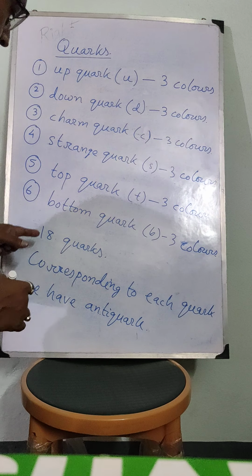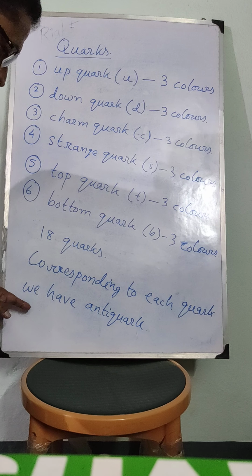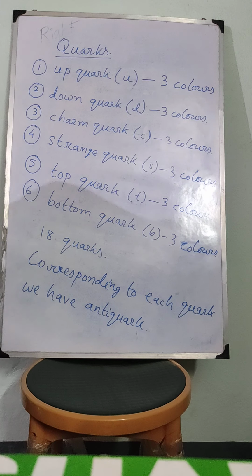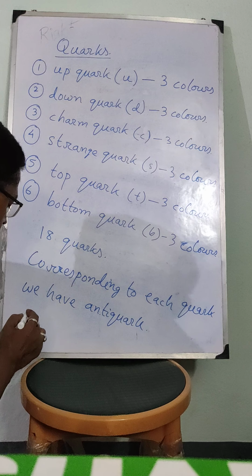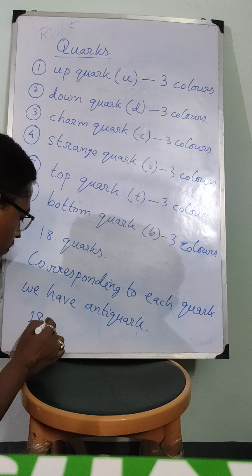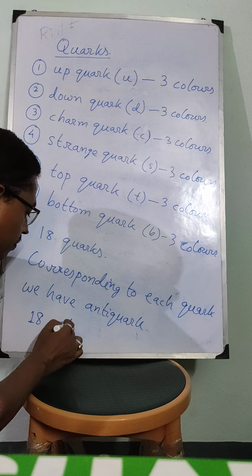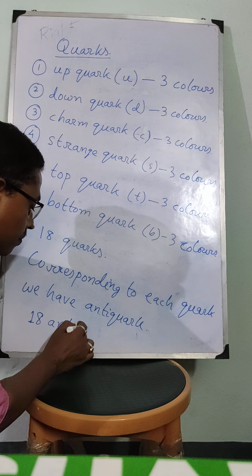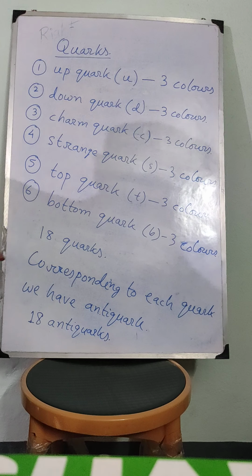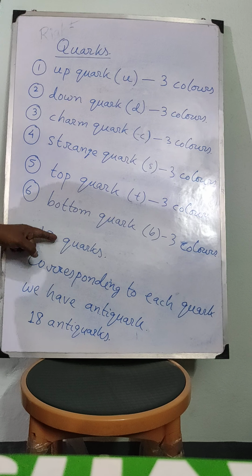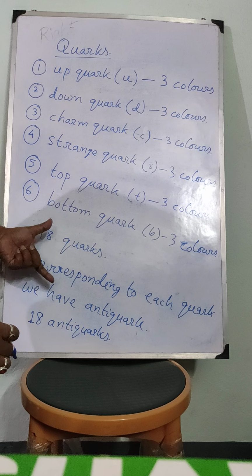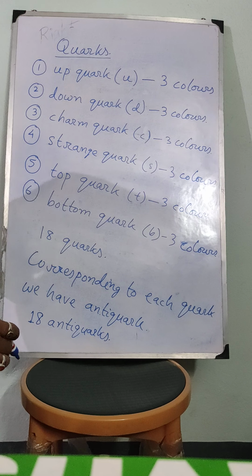Now, since we have 18 quarks, we will have 18 anti-quarks. So 18 plus 18, that is 18 quarks and 18 anti-quarks. So we get 36 kinds of quarks and anti-quarks.